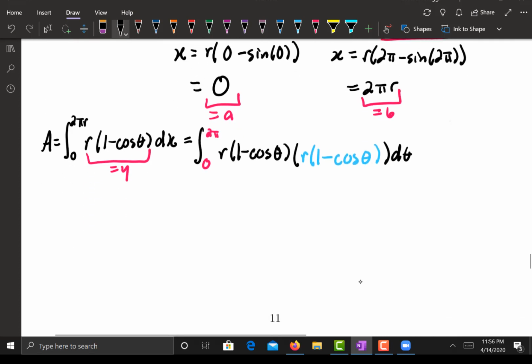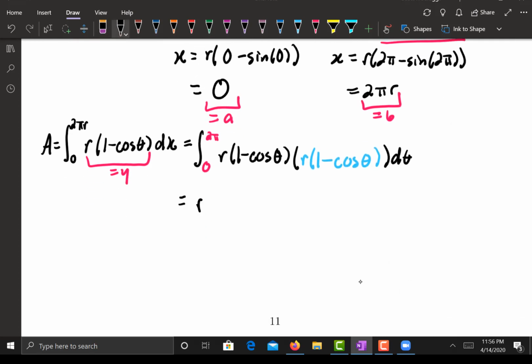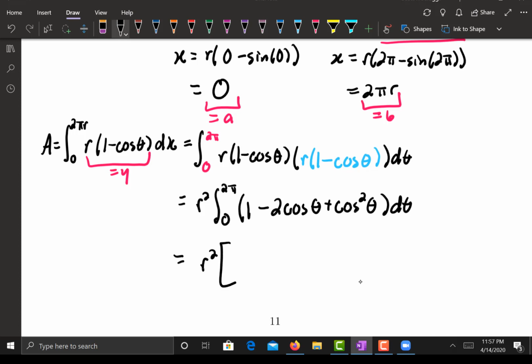And so I'm going to go ahead and multiply out the integrand. I'm going to get r squared multiplied by the integral from 0 to 2 pi. And if I FOIL out the 1 minus cosine squared, I'm going to get 1 minus 2 times cosine of theta plus cosine squared of theta d theta. Using the linearity of definite integrals, I can rewrite that as the integral of each term.